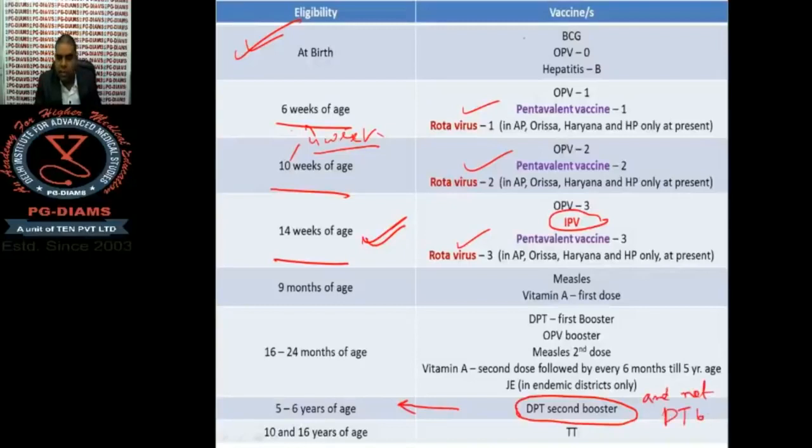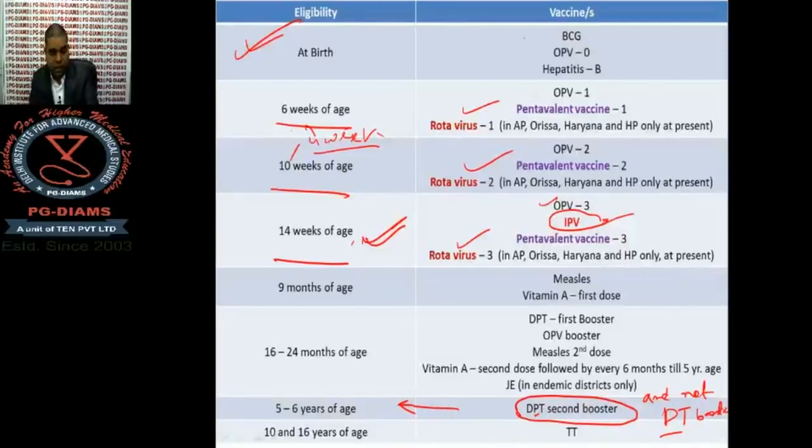Previously we used to give DT booster, but now we give DPT. Why? Because previously that pertussis strain could lead to neurological complication, but now we use a pertussis strain that is less dangerous, and hence we can use DPT in the second booster rather than DT booster which we used to give previously. Okay, so these are the 3 things. IPV is given only after giving OPV3 at 14 week of age, rotavirus is given at 6 and 14 weeks, and then DPT booster is given at 5 to 6 year of age, not DT booster.